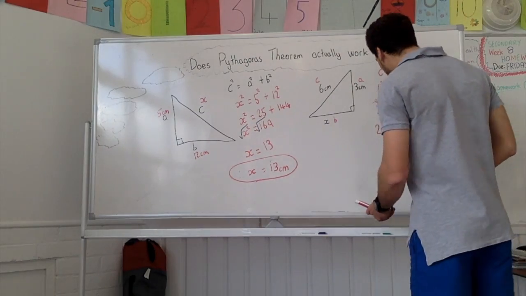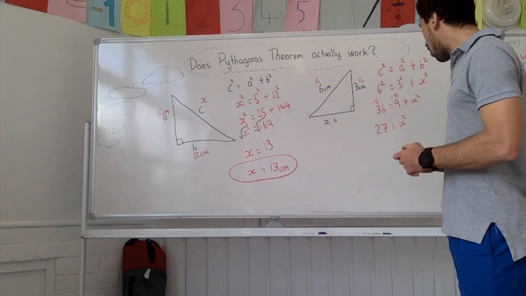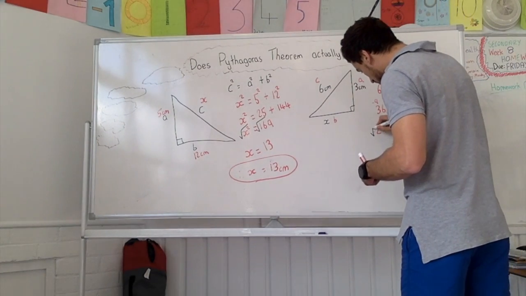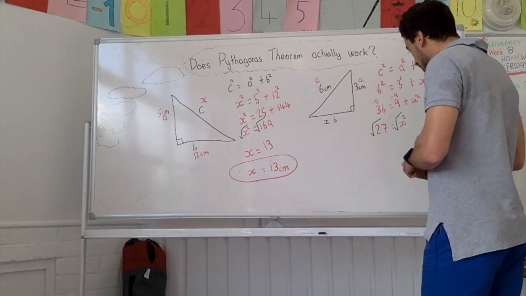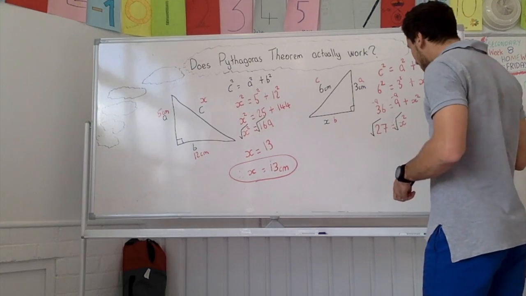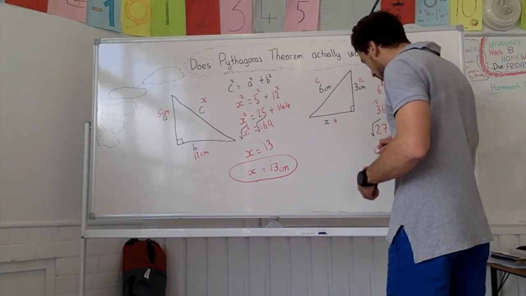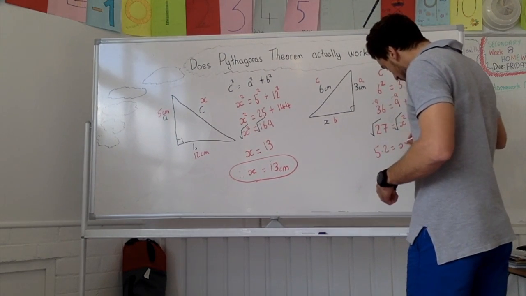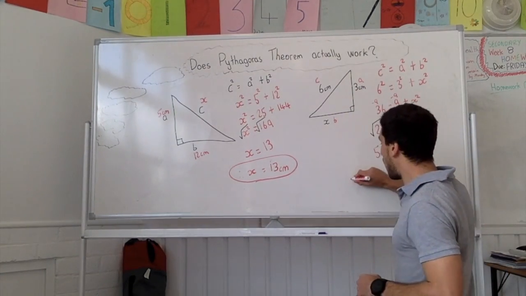So now what we need to do is get x squared by itself, we need to do the inverse of squaring a number, which is the square root. So the square root of 27 is 5.2, I believe. Correct me if I'm wrong there. 5.2 equals x.